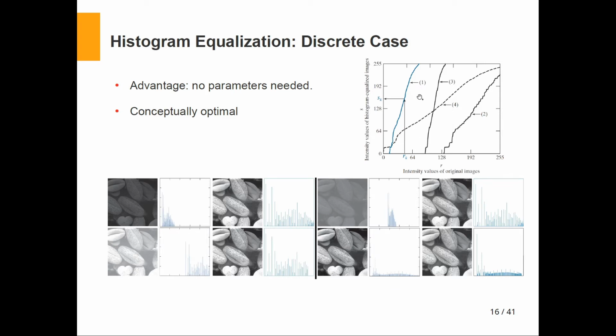As I said before, here you see the curves that we came up with for the intensity transformation function. The first curve is for the dark image, the second curve is for the bright image, and the third curve is for the low contrast image that we have here.